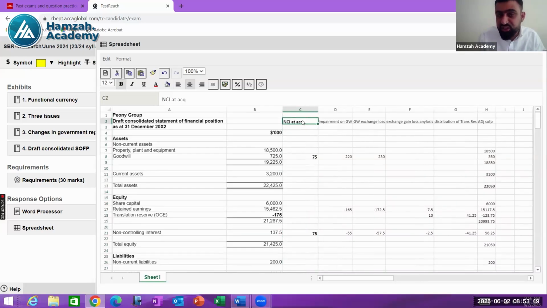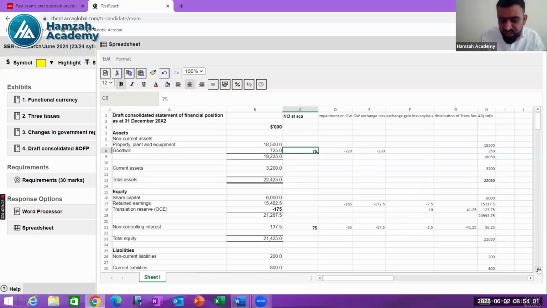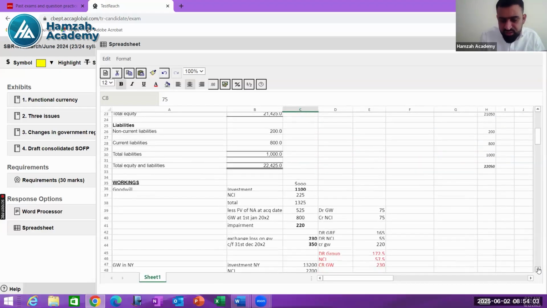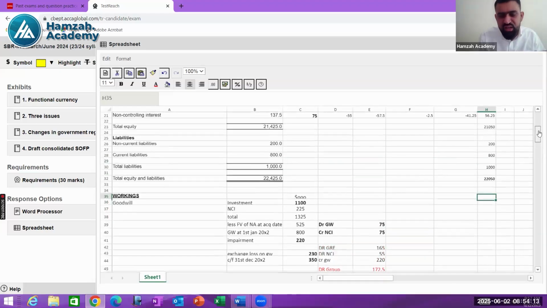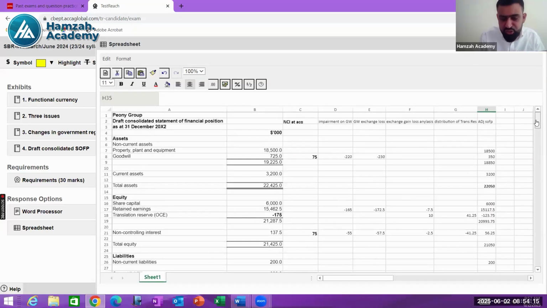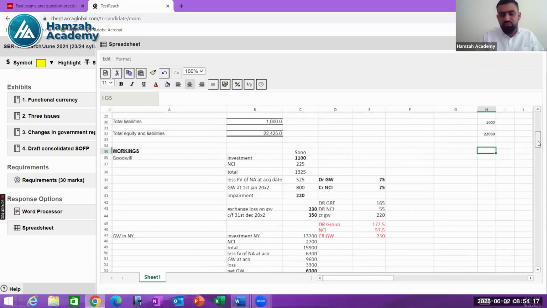Basically, I am adjusting the value of the NCI, and you can see that the value of NCI is increased by 75, and as a result, the value of goodwill is also increased by 75. And I have recorded this double entry in the pre-populated balance sheet. So that was the first issue which we have resolved.